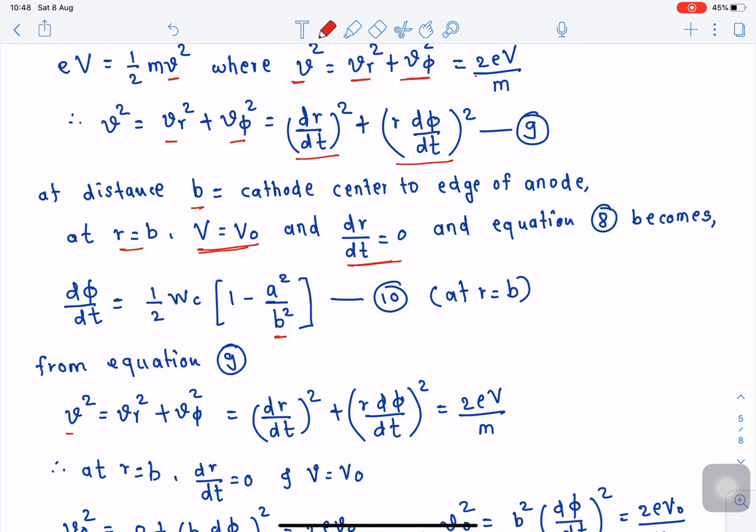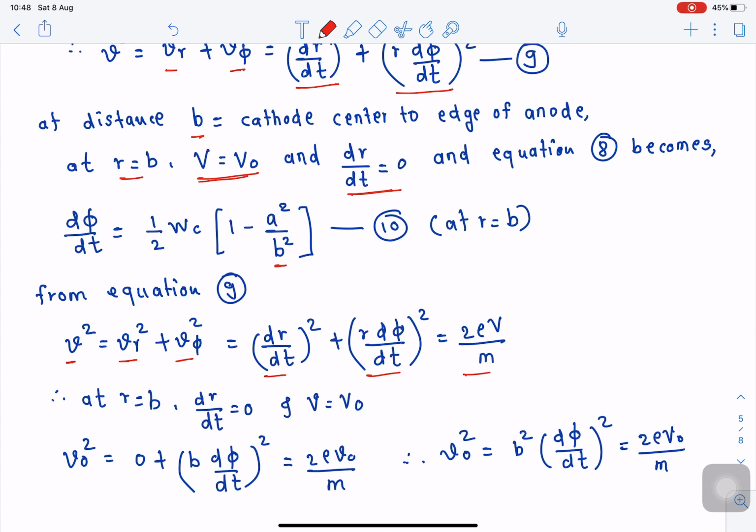So the velocity v square is equal to vr square plus v phi square, that is dr by dt square plus r d phi by dt square is equal to 2eV by m, written as it is. And at r is equal to b, dr by dt is equal to 0 and v is equal to v0. When we substitute all this, we get v replaced with v0, vr is dr by dt and it will become 0, and v phi we get r d phi by dt.